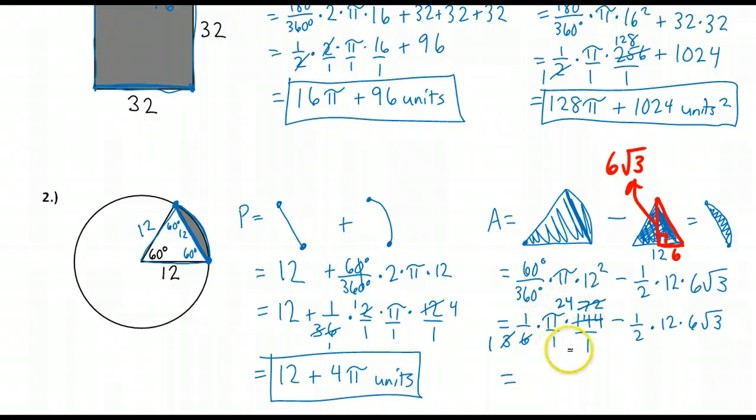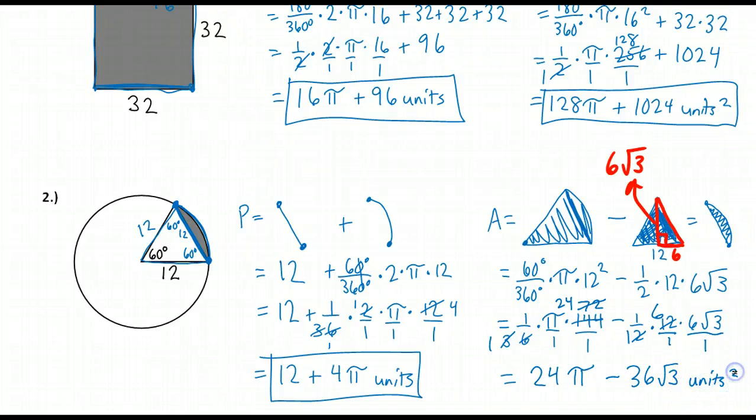So this simplifies down to 24 pi minus 2 and 12 simplify down to 6 over 1. 6 times 6 square roots of 3 gives me 36 square roots of 3 units squared.